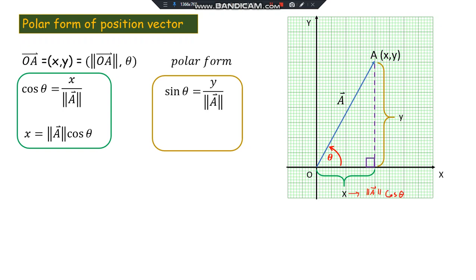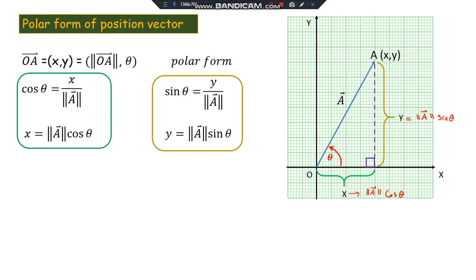And we have sine theta equals y over the norm of the vector A. So if you want y, we make cross multiplication, so y equals norm of vector A multiplied by sine theta, so the y coordinate equals norm of vector A multiplied by sine theta.